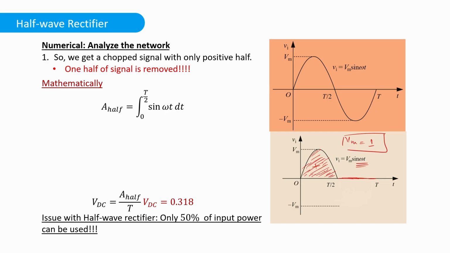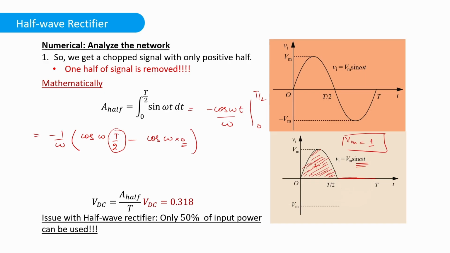Now we know that the integral of sine omega t is minus cos omega t divided by omega, and the limits appear like this: T by 2 is the upper limit, 0 is the lower limit. We simplify this as 1 by omega. Now substituting the limits, this becomes cos omega T by 2 minus cos omega times 0.